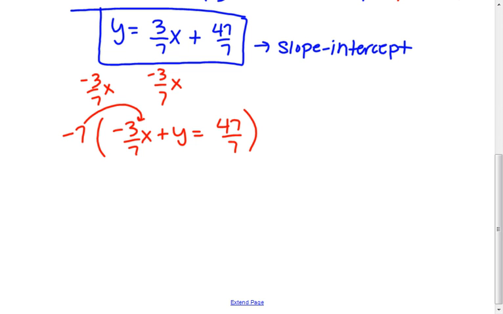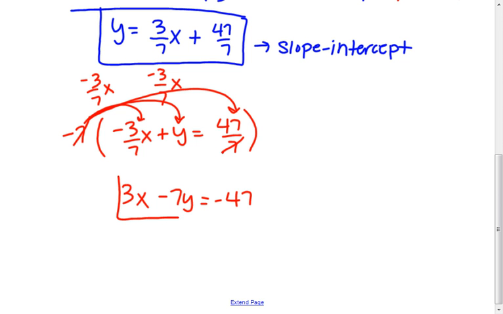Okay, there we go. So positive 3x. -7 times y is -7y. -7 times 47/7. Again, the 7s will cancel, and I'll just have that -1 times 47, which is -47. And this, then, would be standard form.